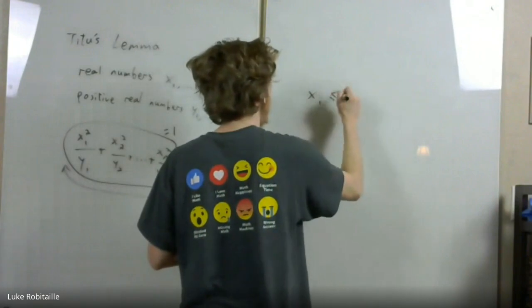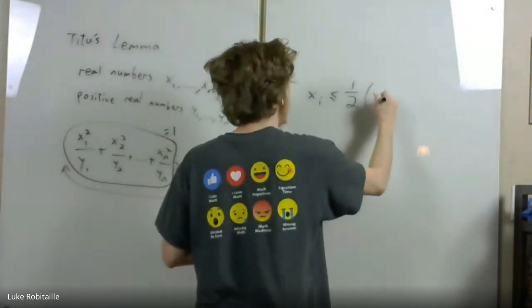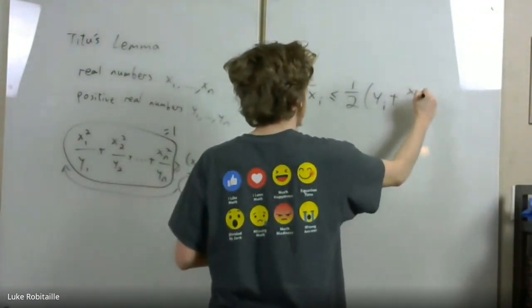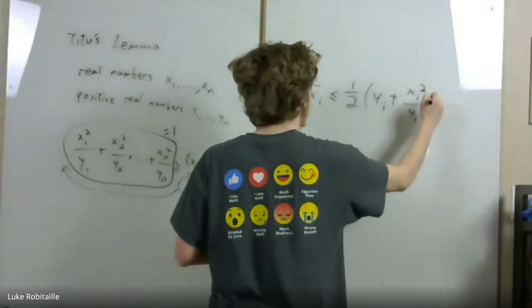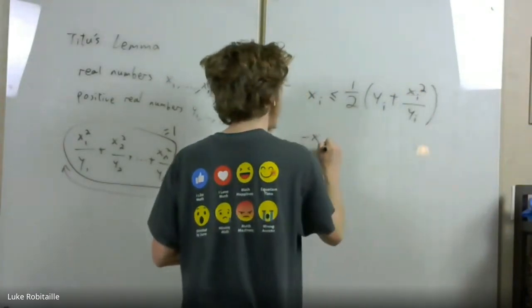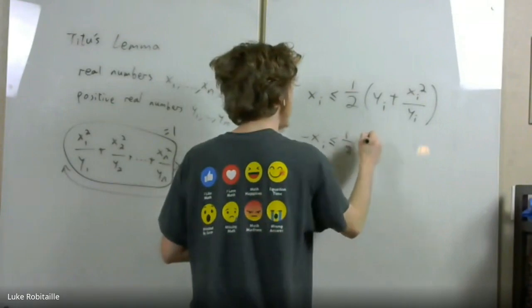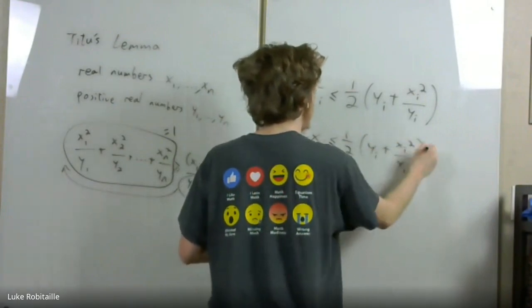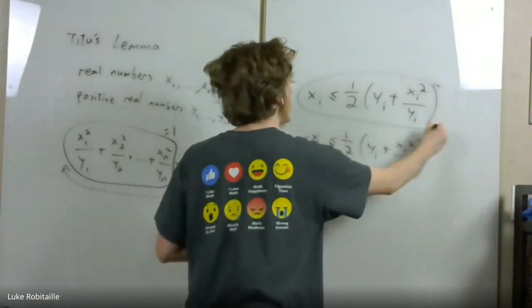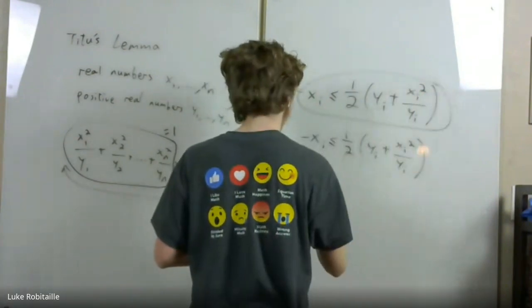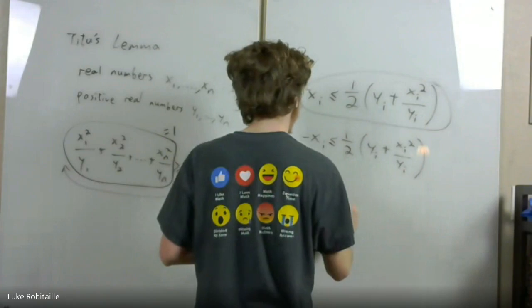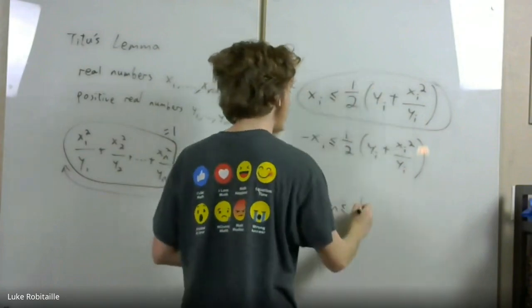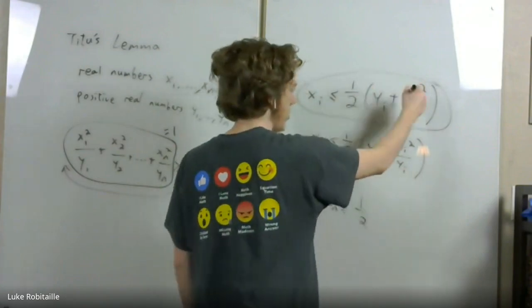xi is less than or equal to 1/2, and the same for negative xi. And then, if you add this up, you get this, less than 1/2 times 1 plus 1.